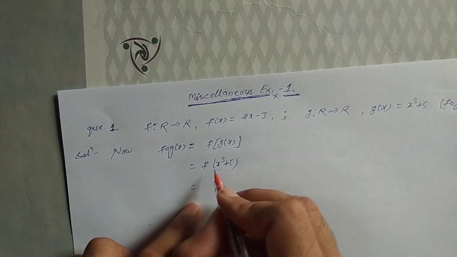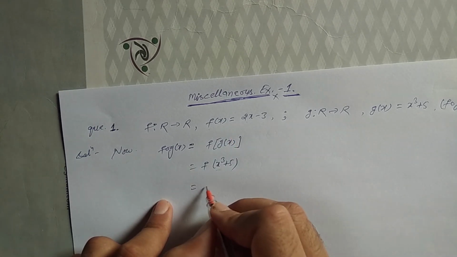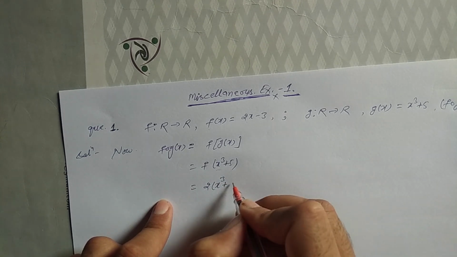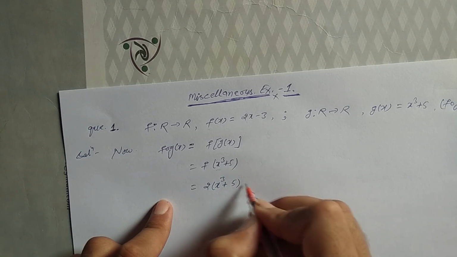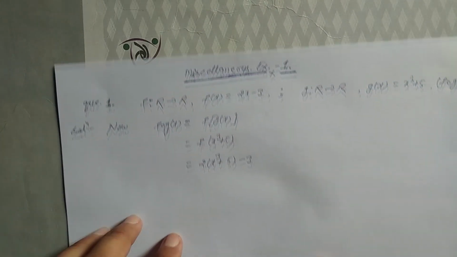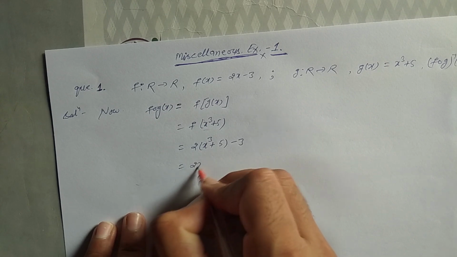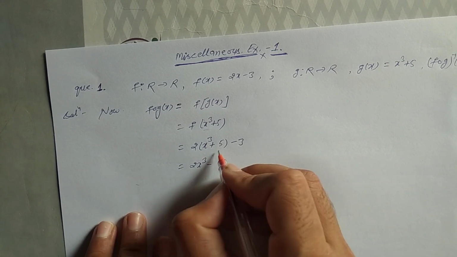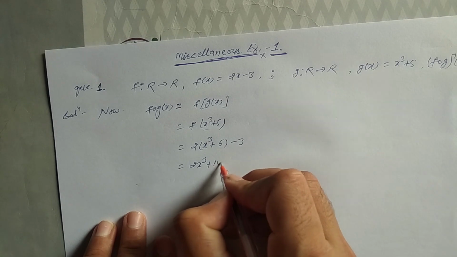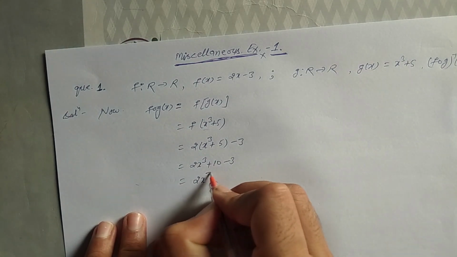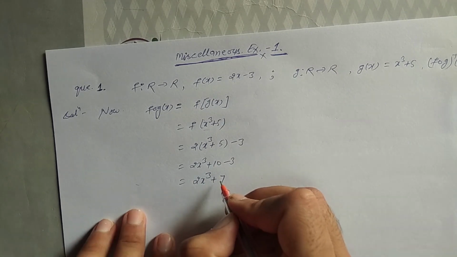The function f(x) is equal to 2x minus 3, so putting x as x cube plus 5: 2 into x cube plus 5 minus 3 is equal to 2 into x cube plus 2 into 5, 10 minus 3, which is equal to 2x cube plus 7.